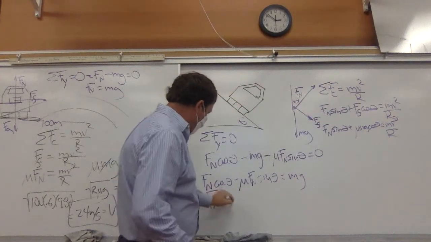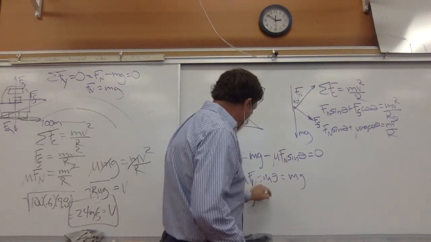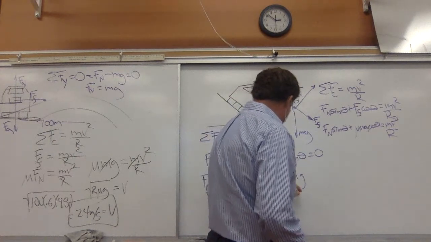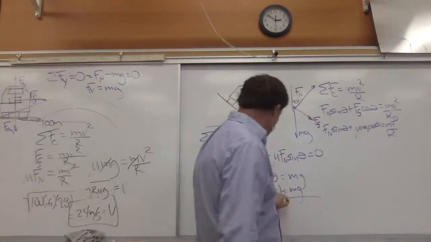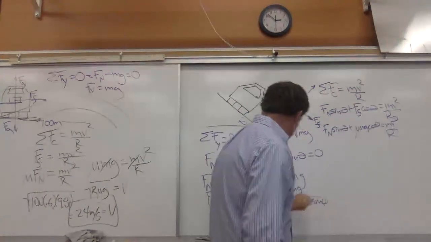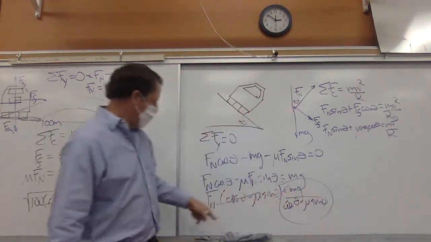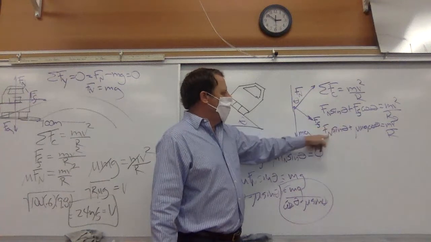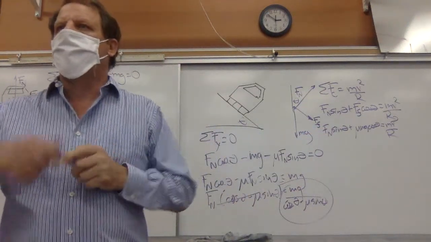Then we can factor out a normal force and say cosine theta minus mu sine theta is equal to mg. Then we divide by cosine theta minus mu sine theta, which gets rid of that. And now we would substitute this where we have force normal. And then we can see we got a lot of gnarliness to it.